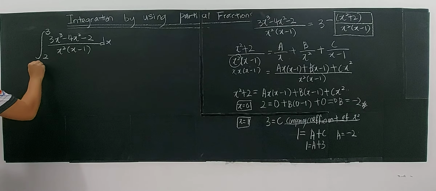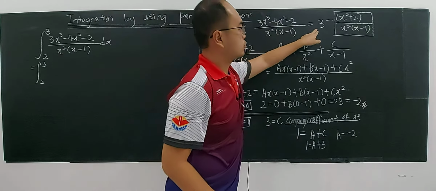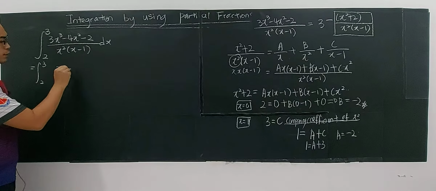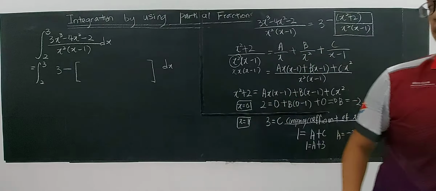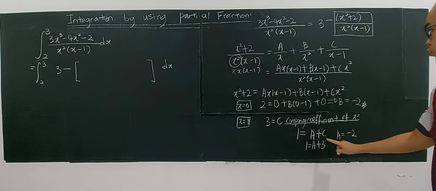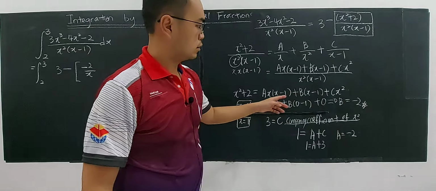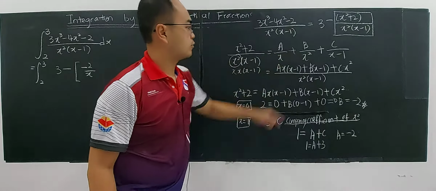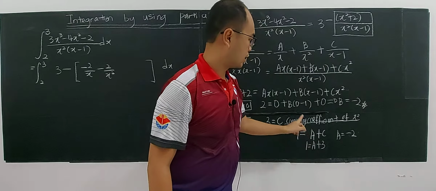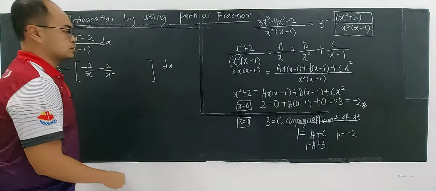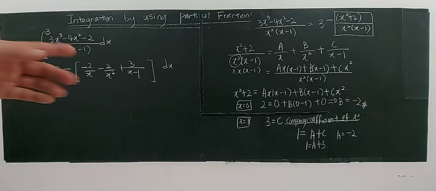You can write this in the form of partial fractions, which can be written as: A over x, where A is negative 2, so negative 2 over x, followed by B, negative 2 as well, so negative 2 over x squared, and C is 3, so positive 3 over x minus 1. Very simple, you have written it in the form of partial fractions.